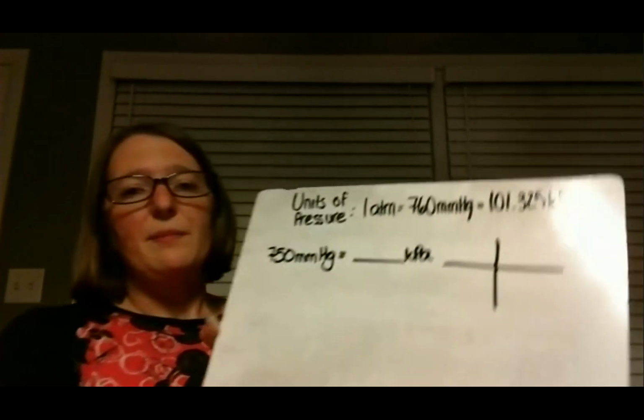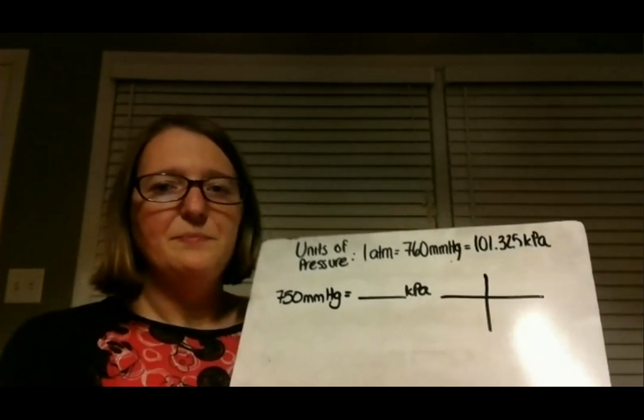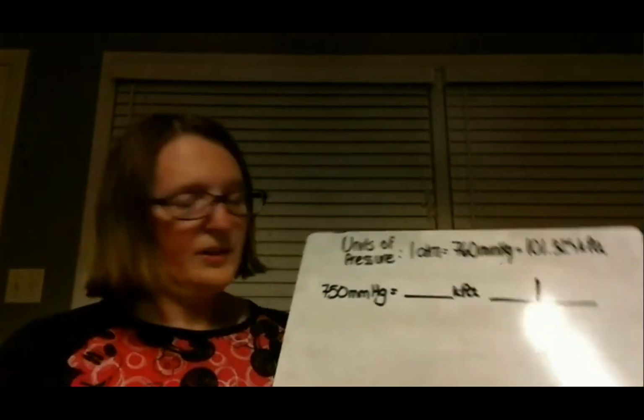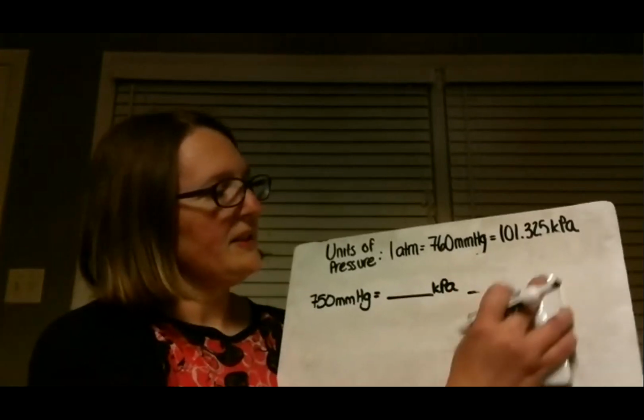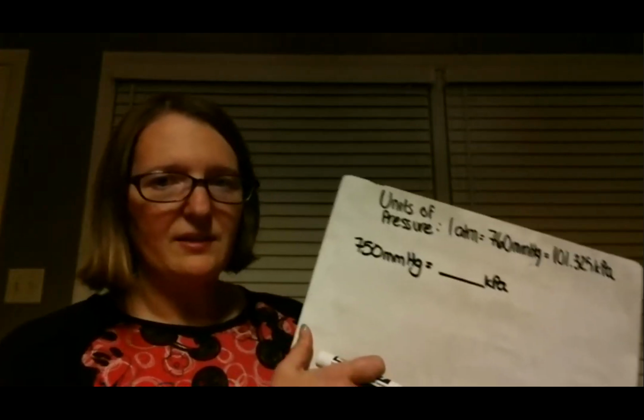All right, let's do a couple more. The next one says that I have 750 millimeters of mercury. And I want to find out how many kilopascals I have. So I'm going to make my little factor labeling thing here. And actually, I'm going to do this one down here. That way it avoids that glare maybe.